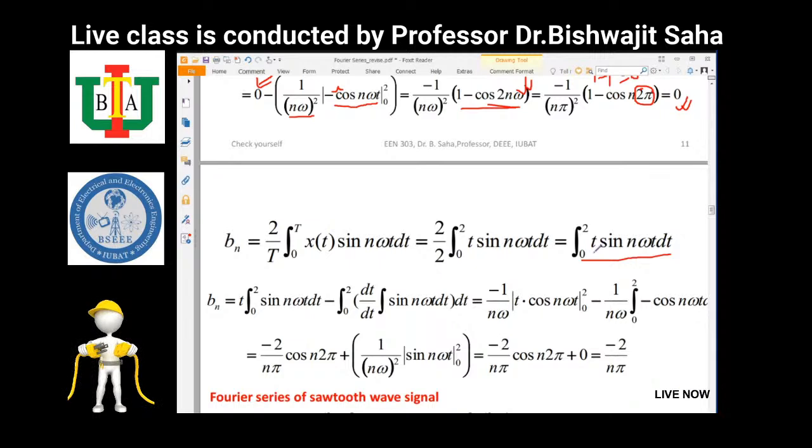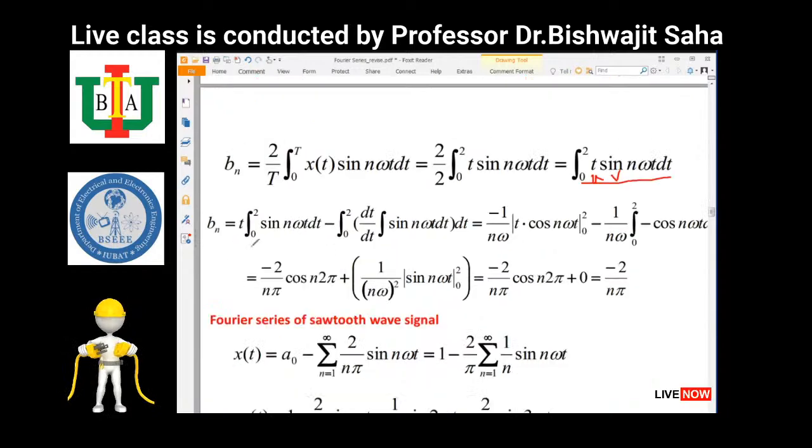Here also we need to apply the integration by parts formula, because here is u and this one is v, the uv formula. So similarly we do the integration of sine n omega t.